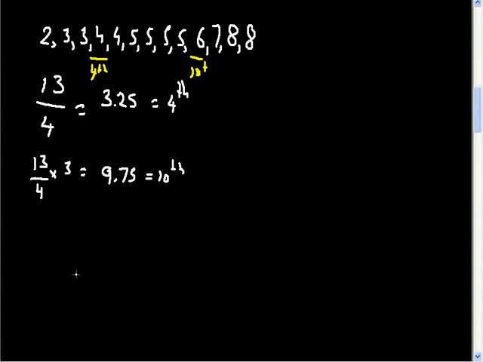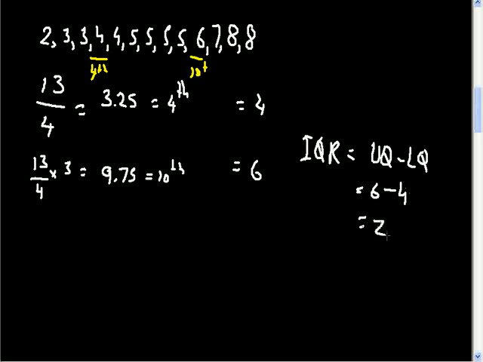So the 4th person is 4 and the 10th person is 6. Therefore the interquartile range is the upper quartile minus the lower quartile, which is 6 minus 4, which is 2. This is just for random numbers.